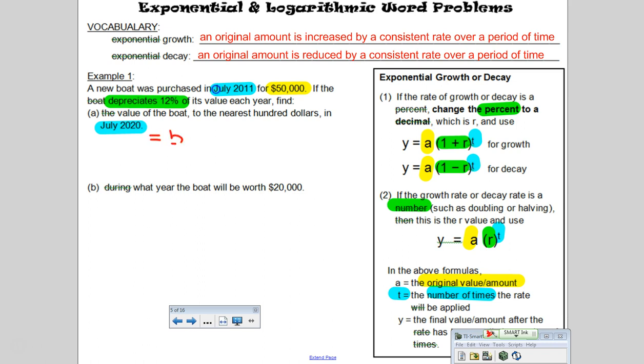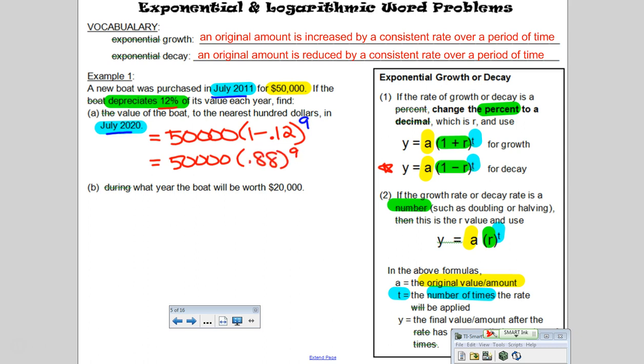Okay, so you always start off with your initial 50,000. Your rate is a percent, so I'm going to use this, and it's decaying, so I'm going to use that formula. It's going to be 1 minus the rate. And then the time is going to be from 2011 to 2020, and that's 9 years. All right, you don't have to simplify this at this point because all the numbers are together. You can just simply put it in. But I just want you to realize that 1 minus 0.12 is 0.88.